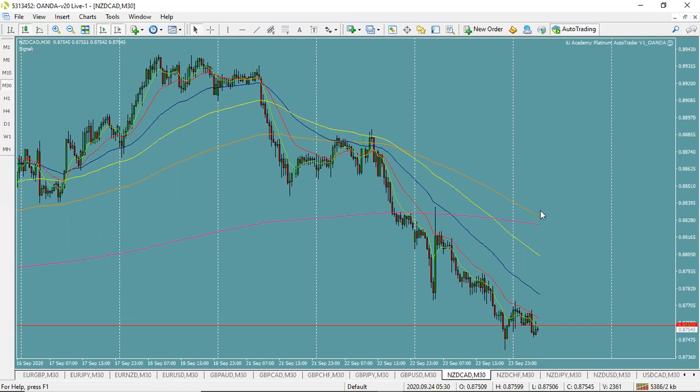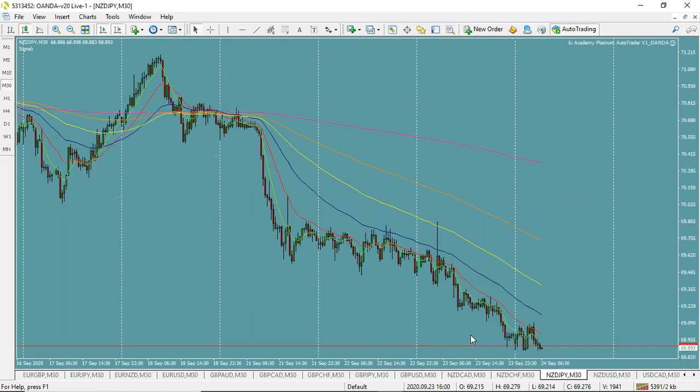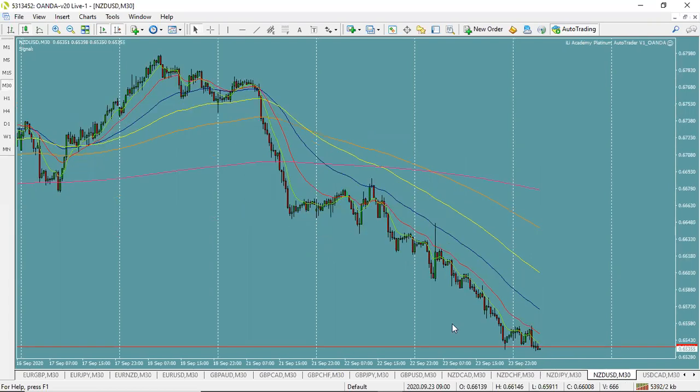New Zealand Swiss, same thing. We jumped over the 200, jumped over the 720. We've got full trend to the downside. I'd be looking for any pullbacks to the 50, maybe to the 100, and then shorting. New Zealand yen, same story. New Zealand US, same story. So this is kind of cool.